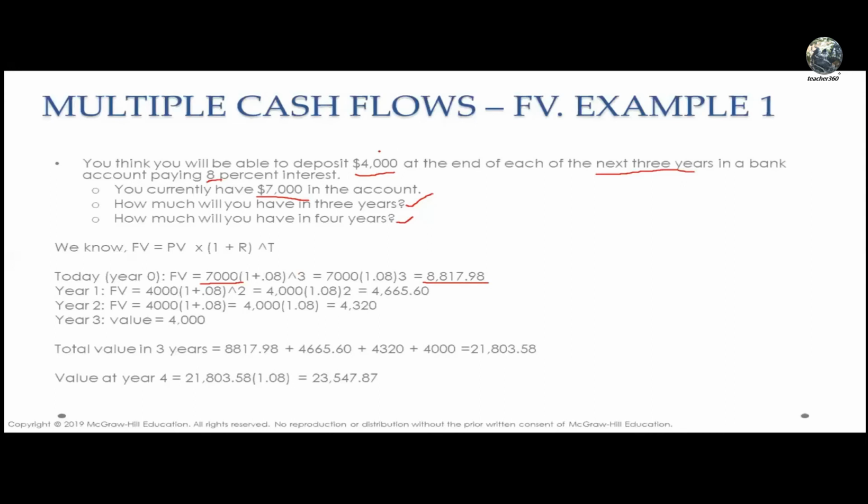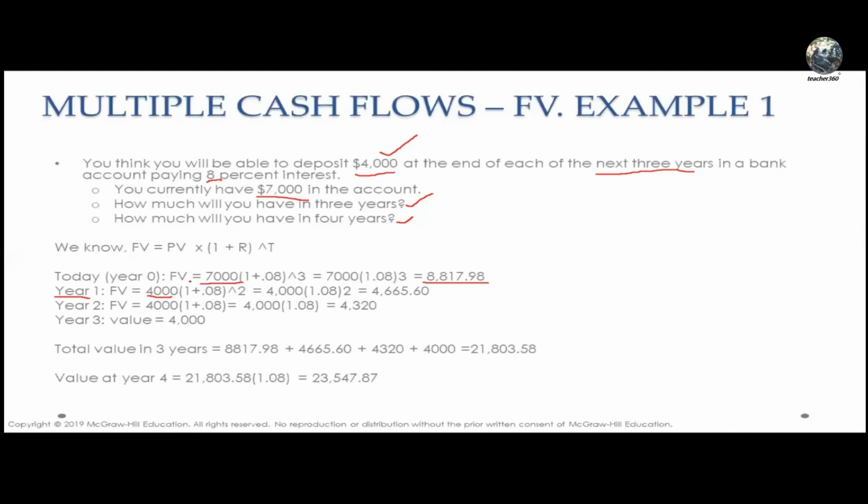According to the question, in year 1 you will deposit $4,000, and you have to find out the future value of this 4,000 after year 3. Since you deposited this money in year 1, you have 2 years remaining.